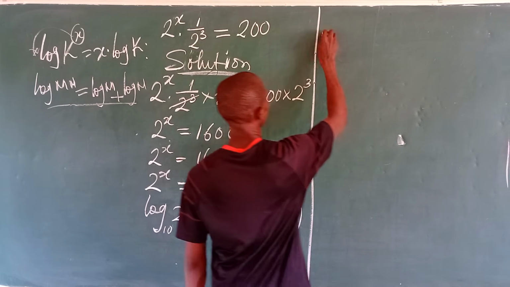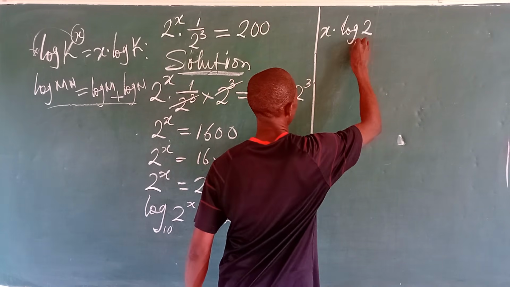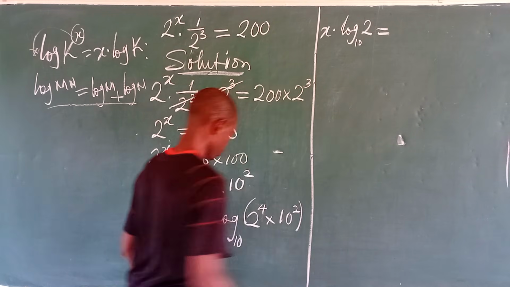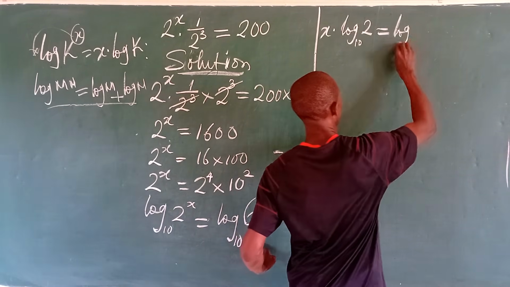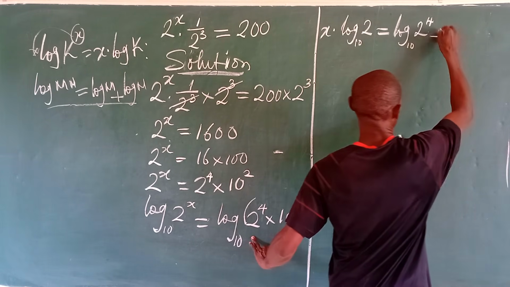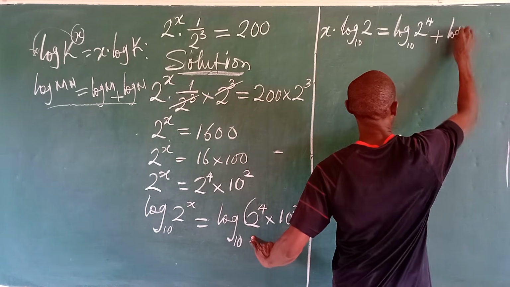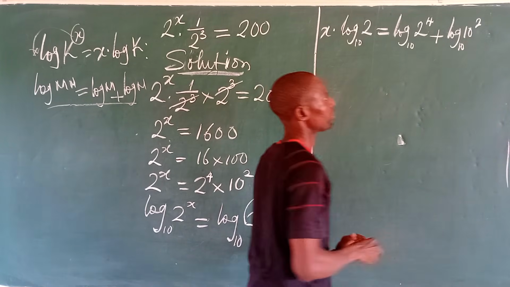So this is going to give us x times the log of 2 base 10 equal to, on this side, first the log of 2 to the power of 4 base 10 plus the log of 10 to the power of 2 base 10.